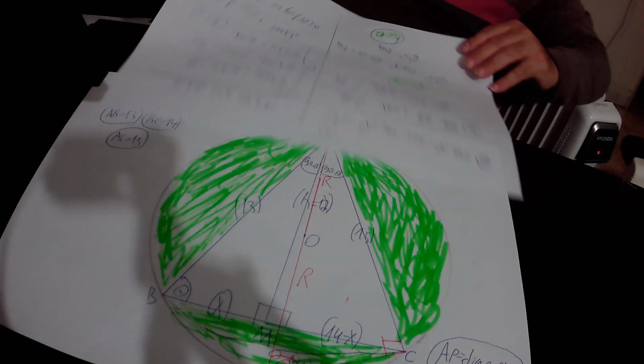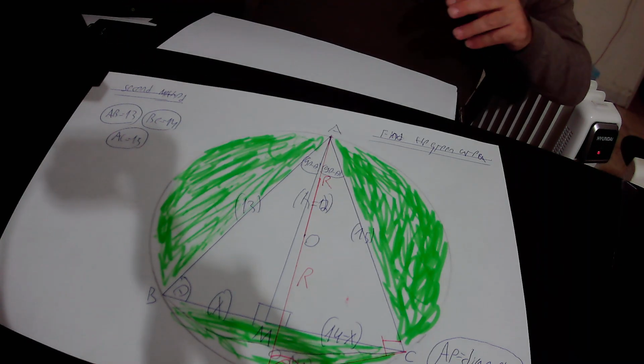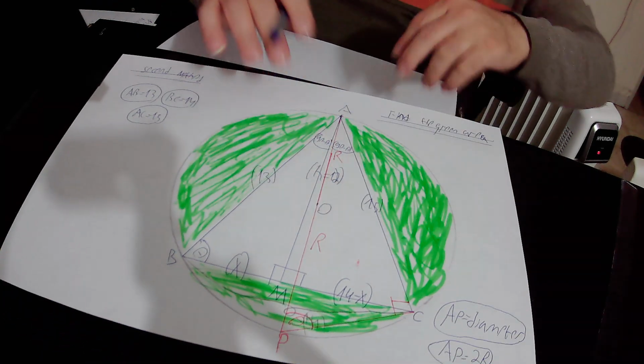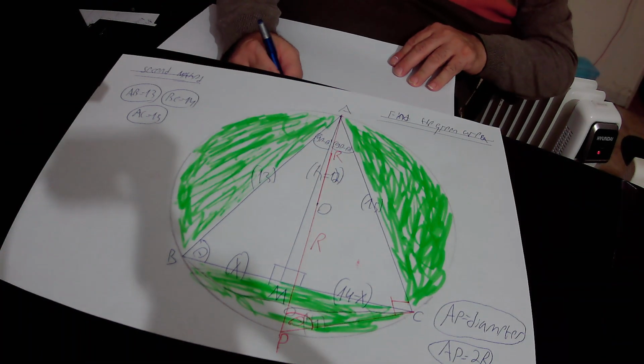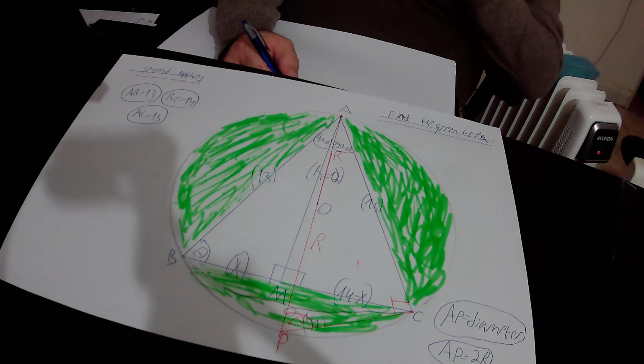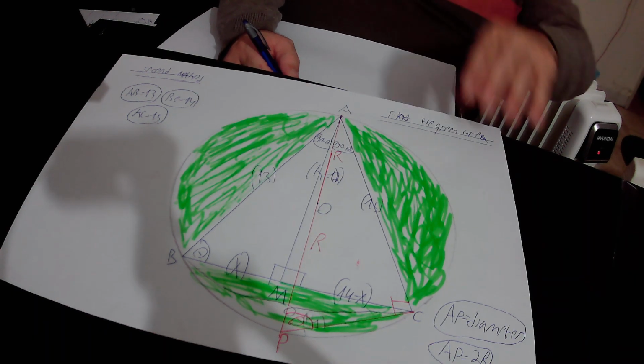And from the fact that those two right triangles are similar to each other, we will derive the following relationship between their sides.